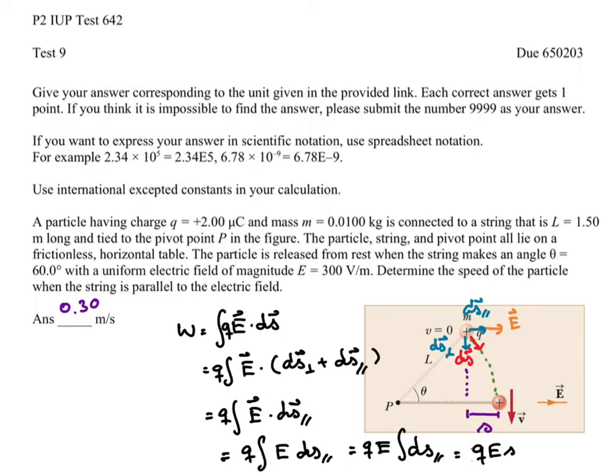This is simple because we know that the path of the particle is a part of a circle. We have the center as the point P, and the string lies in the radial direction. So it means that the tension on the string lies in the radial direction, which means that the tension will be perpendicular to the path of the motion of the particle.